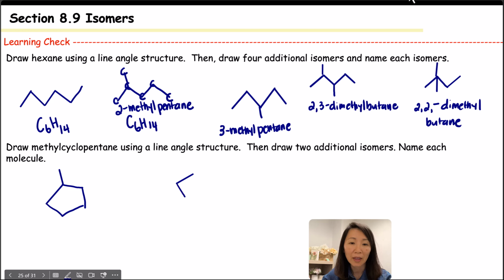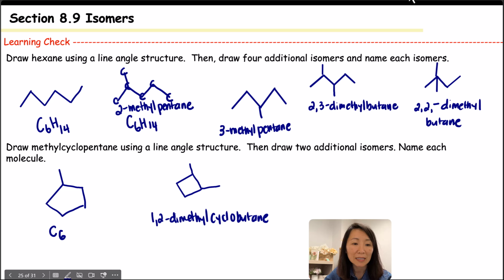I have a cyclobutane with 2 methyls coming out, and that would be 1,2-dimethylcyclobutane. Now methylcyclopentane has C6H12.